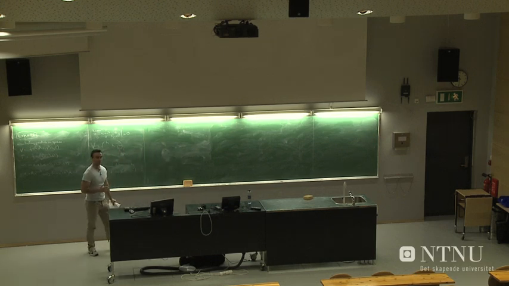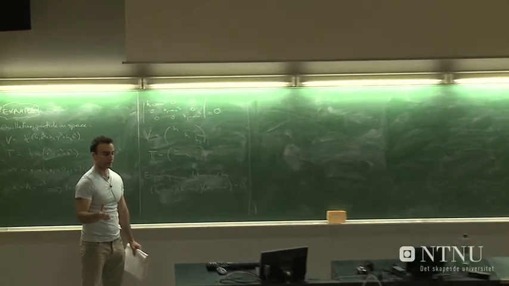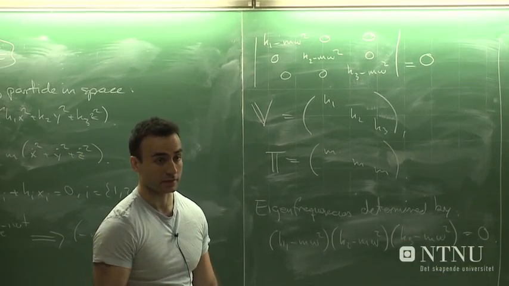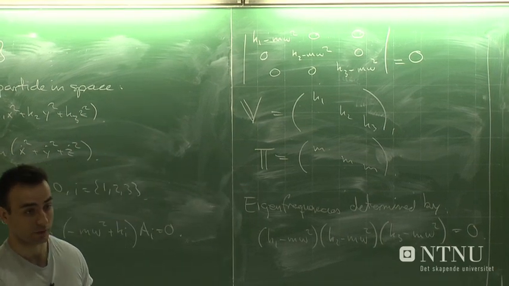We'll now have a look at a far more interesting example where this correspondence between the original generalized coordinates, for instance the Cartesian coordinates, is not equivalent to the normal coordinates.